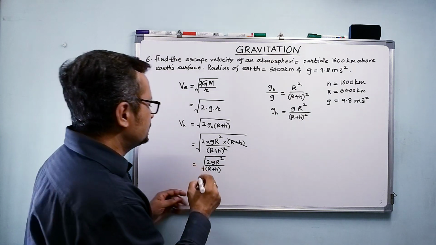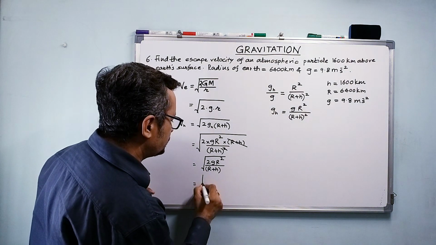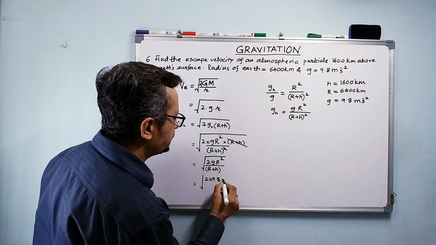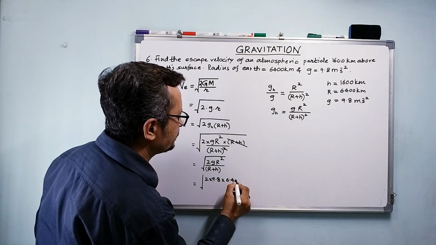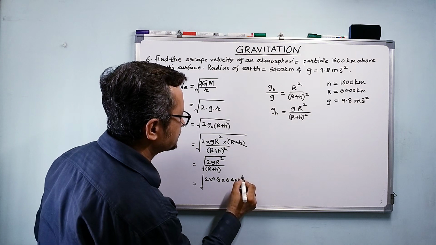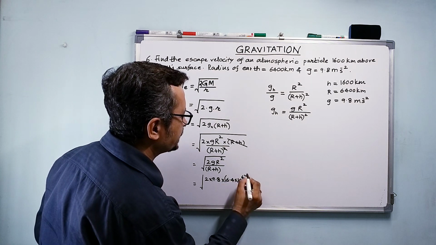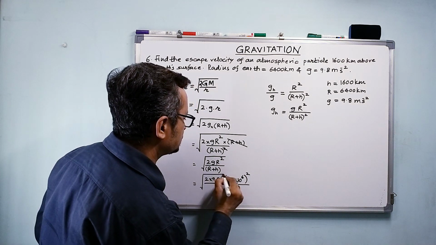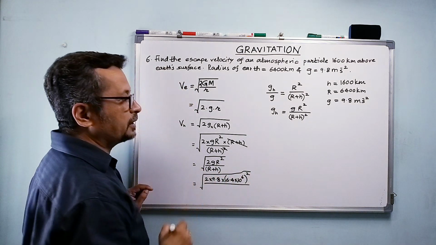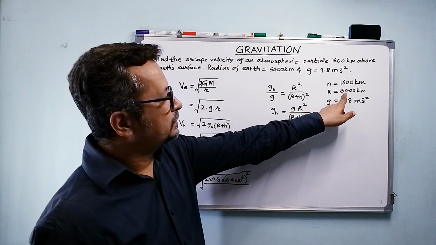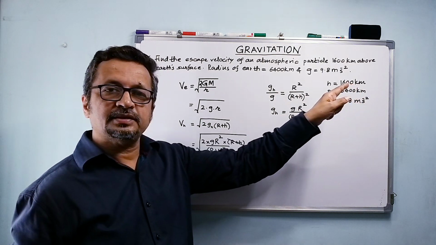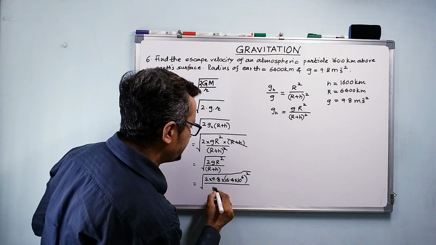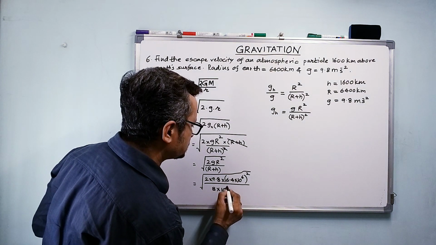Correct. So then this would be equal to root over 2 into 9.8 into 6.4 into 10 raised to power 6 square divided by r plus h. Now 6400 plus 1600, that is 8000. So it would be 8 into 10 raised to power 6.